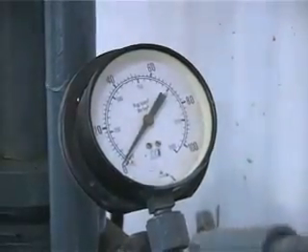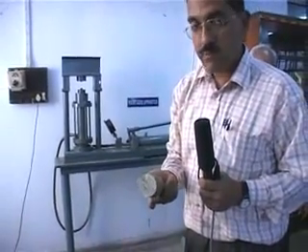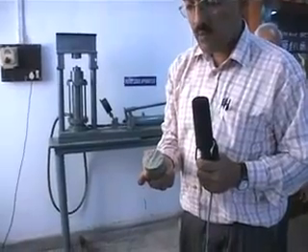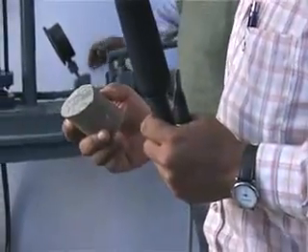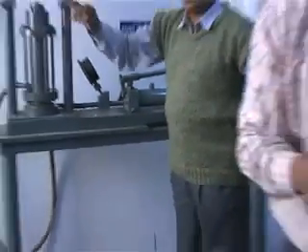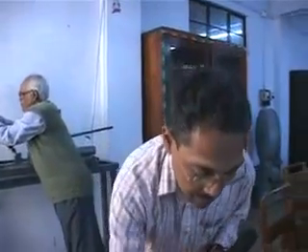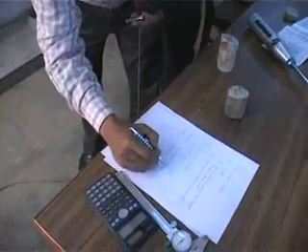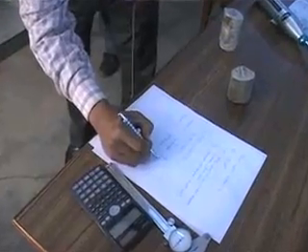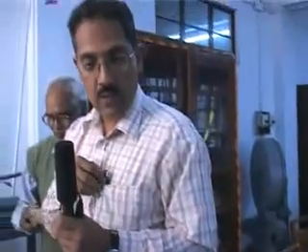This is the face where the sample broke, and we are going to record the point load, actually the pressure, which is 14.7 kg per square centimeter, at which the sample failed. I am recording it here. I'm going to use it in the calculation, and I'm going to show the calculation later on.